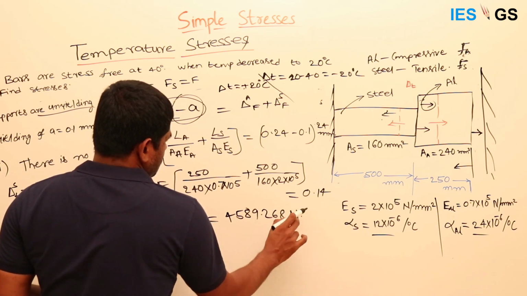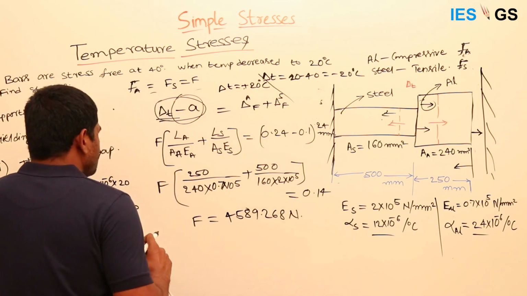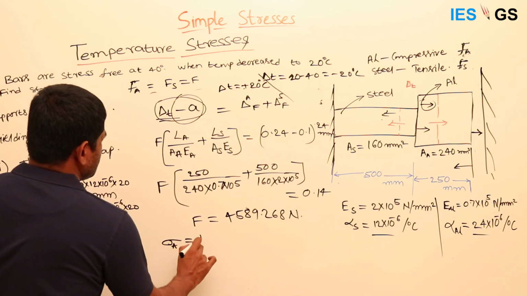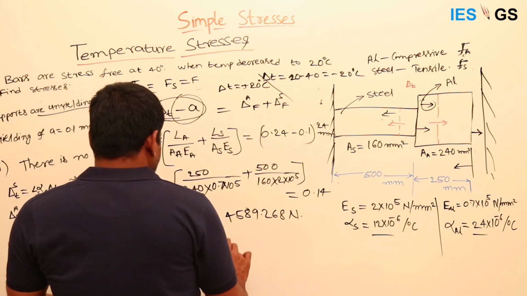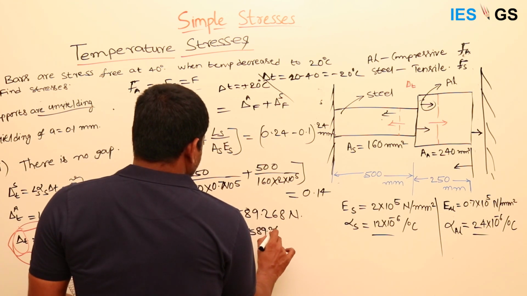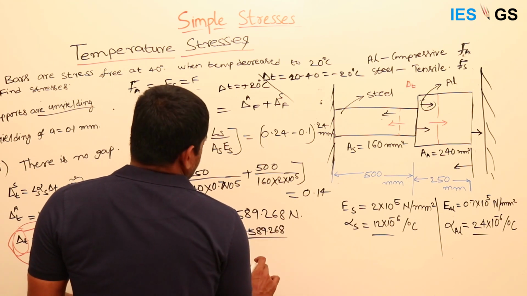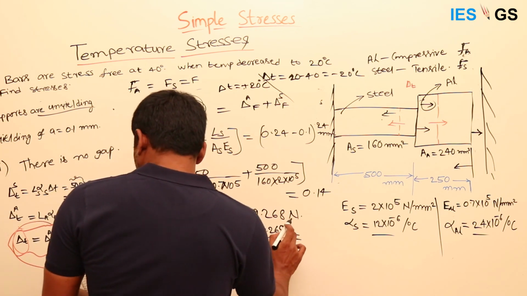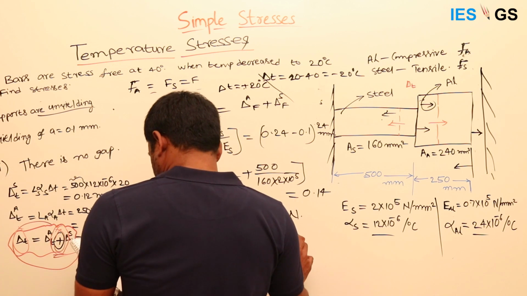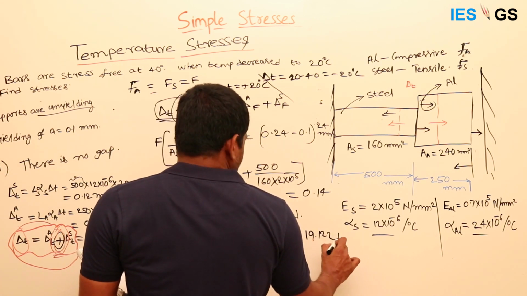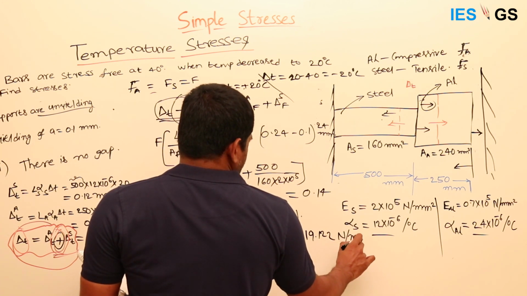By simplifying this we will get F equal to 4589.268 Newton, and we need to find the stress in the aluminum, that is F by A. Then it is 4589.268 divided by aluminum area 240, and its value is 19.122 Newton per mm square.